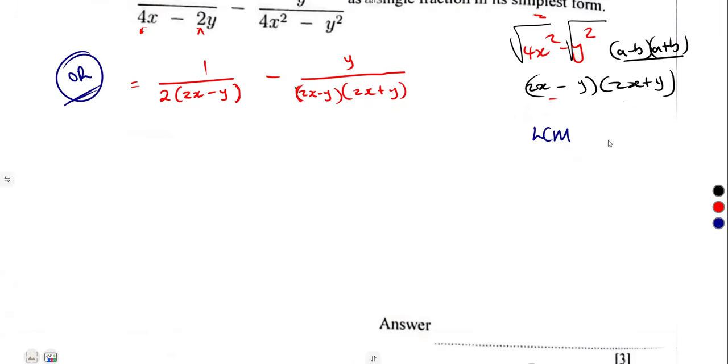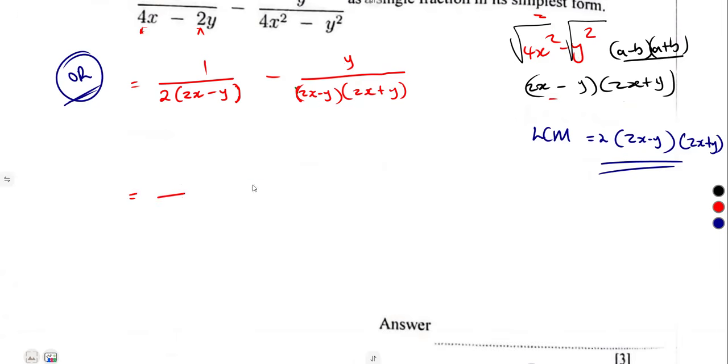So 2 is going to be part of the LCM, then 2x minus y, and 2x plus y. You do not repeat the 2x minus y. So this is our LCM.